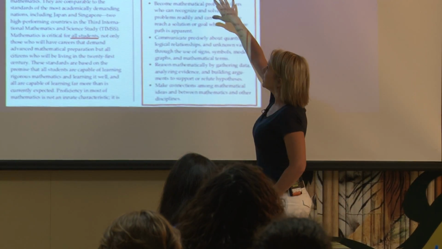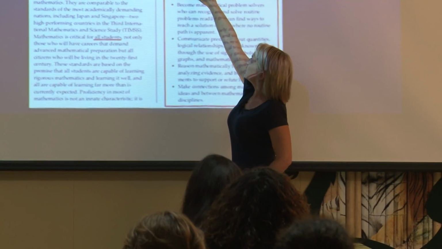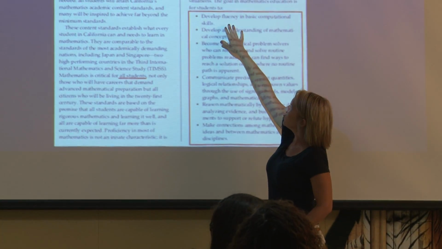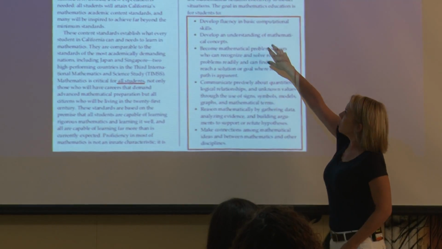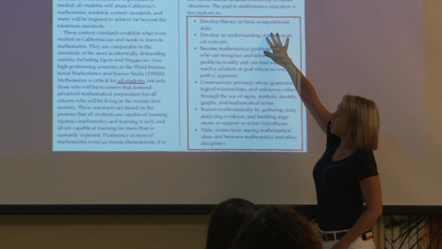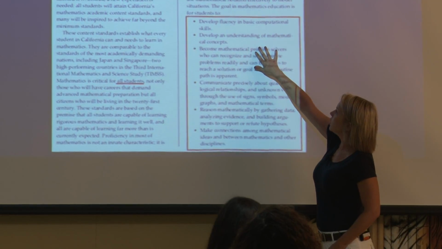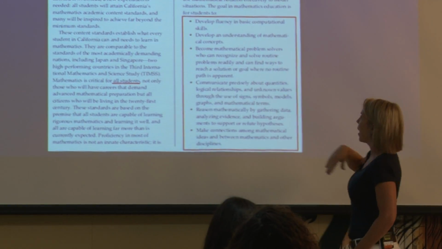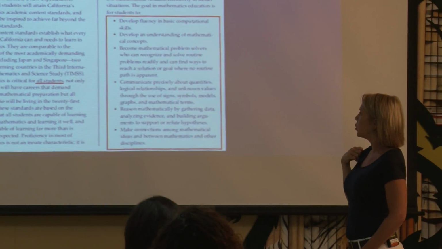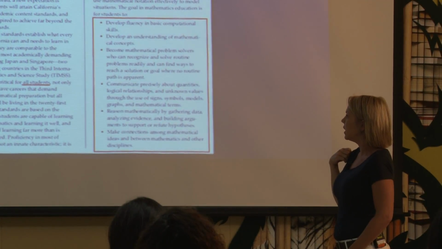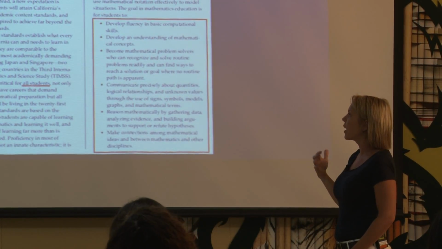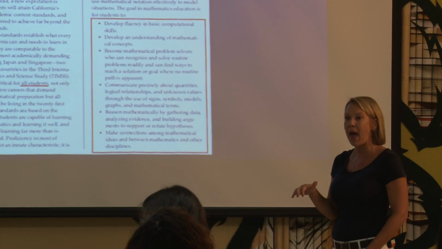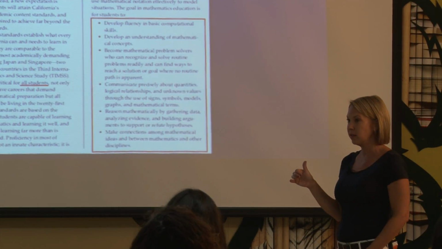They then focus here, and the sentence reads, the goal in mathematics education is for students to develop fluency in basic computational skills, to develop an understanding of mathematical concepts, to become mathematical problem solvers who can recognize and solve routine problems readily and can find ways to reach solutions or goals where no routine path is apparent.